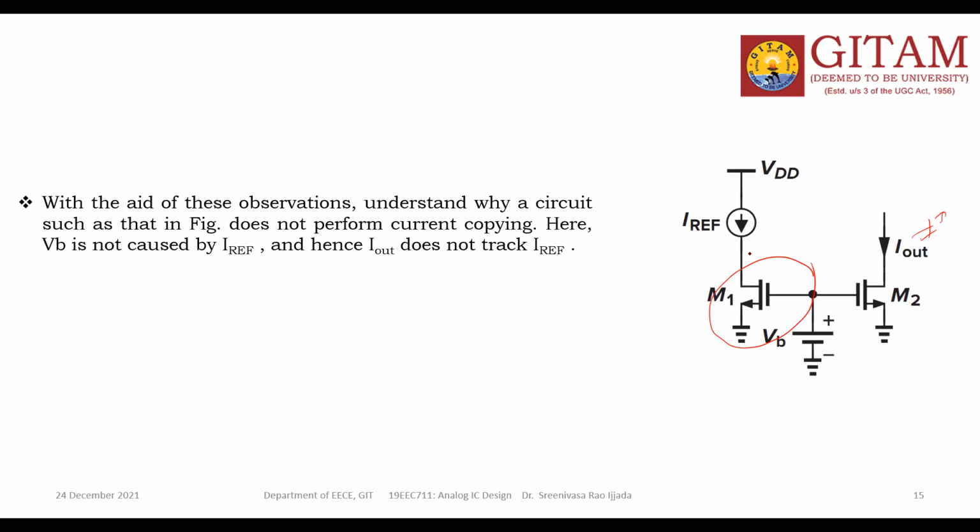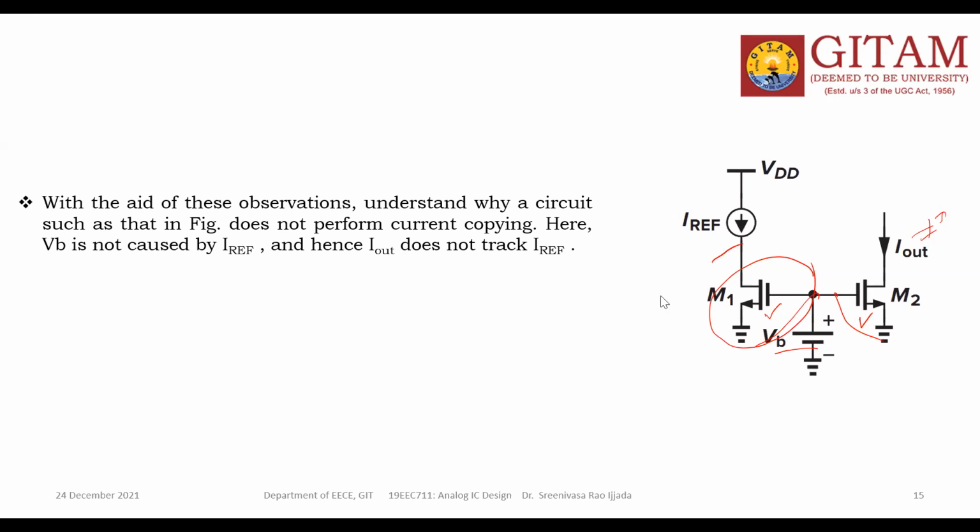Even though this device and this device are biased with the same potential, the transistors are not biased by I reference. Earlier this value was F inverse of I reference, and this value is the same. But now VB is independent of I reference, so it won't work as a current mirror.